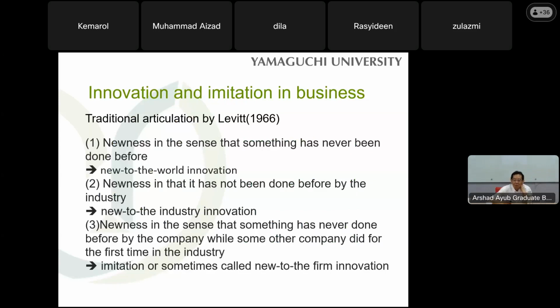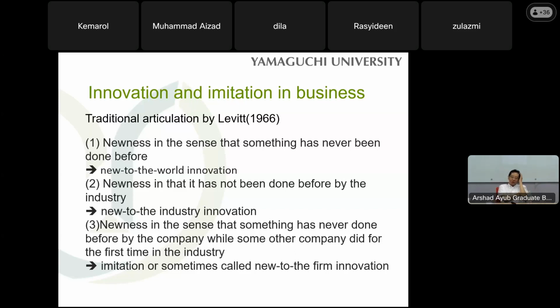But to think of your research process as a kind of study or assimilation toward your future innovative work, you have to understand the common understanding about the difference between innovation and imitation.